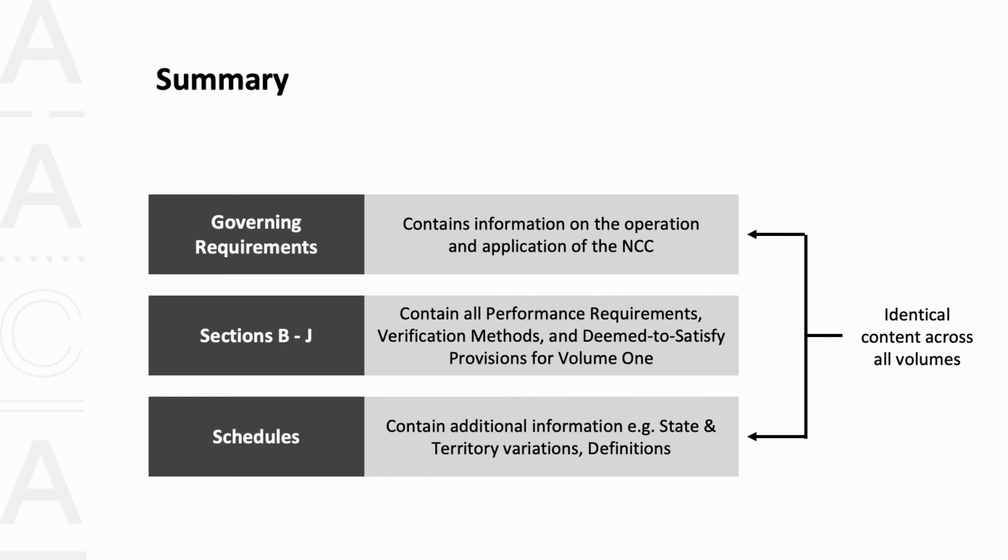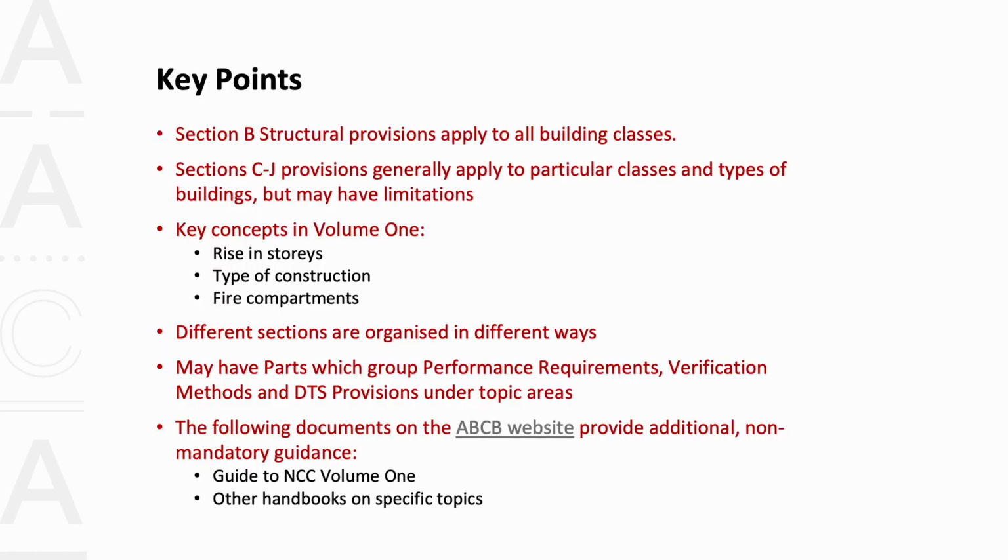So to summarise, the governing requirements are exactly the same as the other volumes. Sections B through to J hold the performance requirements, verification methods, and deemed to satisfy provisions including specifications, and the schedules are exactly the same as the other volumes. So key points: Section B structural provisions will apply to all building classes. Sections C to J provisions generally apply to particular classes and types of buildings but may have limitations.